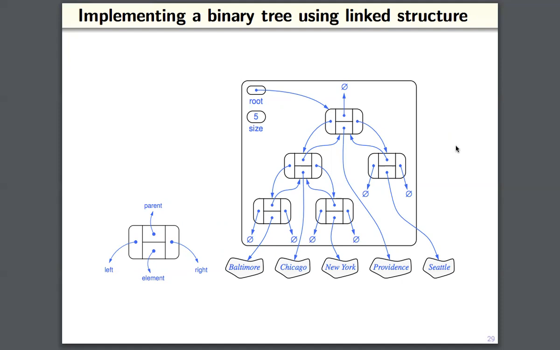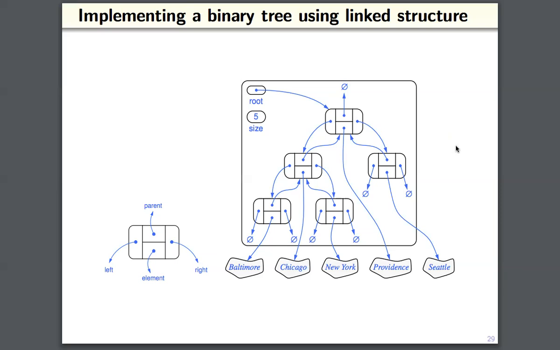The second approach we will see is using arrays. Those were the two major types of data structures we looked at when we were covering linear data structures, links and arrays. So those are the two ways of implementing a tree: using a linked structure and using an array structure.